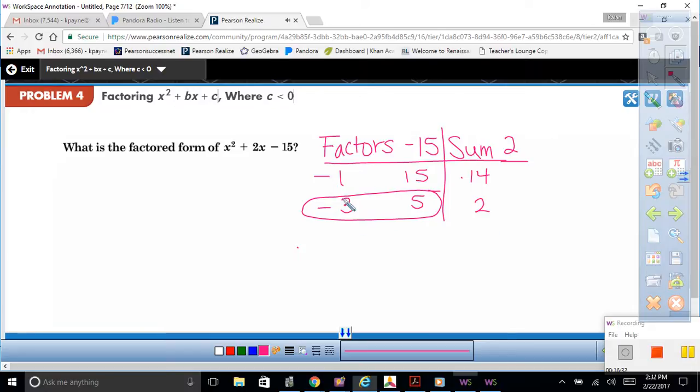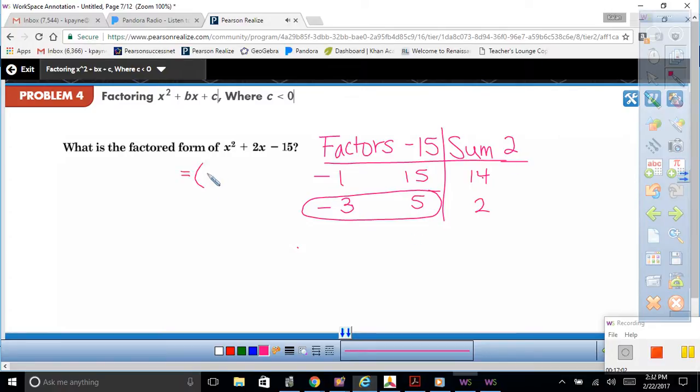And one way you can tell where to put your negatives, whether it be on the smaller or the bigger number, is by looking at your sum. If your sum is positive, then your negative number has to be the smaller number. Because the only way to get a positive sum is if your bigger number is the positive number. That means the positive number wins because there are more of them, and that's how we get our positive sum.